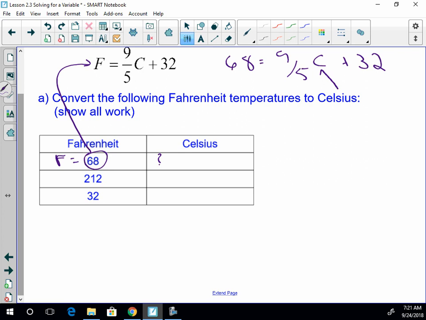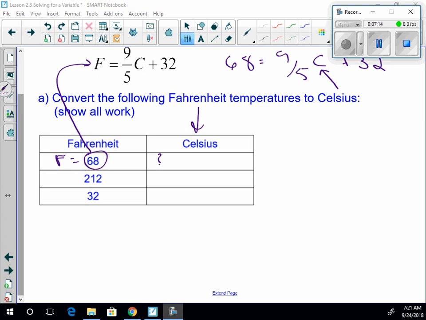I want you to go ahead and compute these for this table. Plug in 68 for F, plug in 212 for F, plug in 32 for F, and then calculate the table. So go ahead and pause the video and do that.